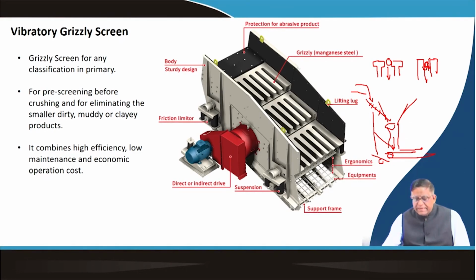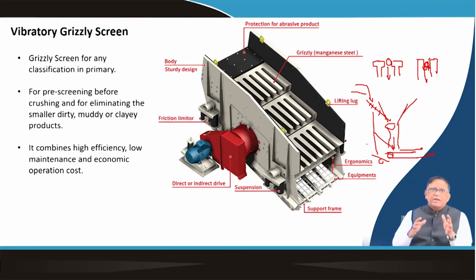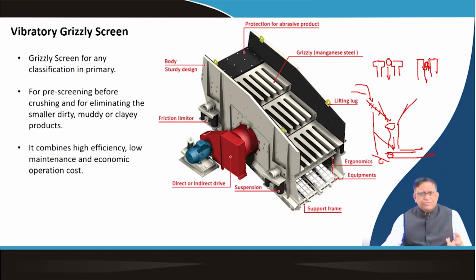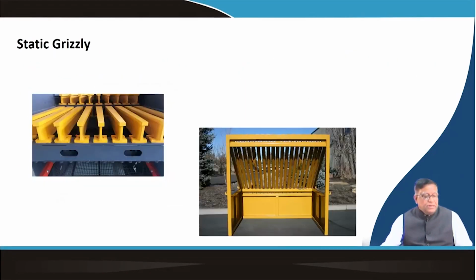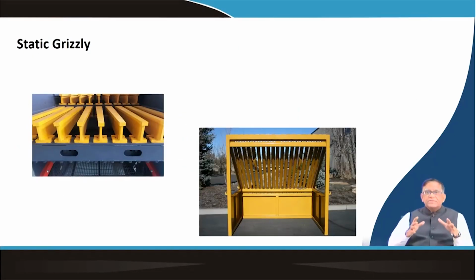So, this type of grizzly which is here is static, that means the material is coming and falling on it. That is why there is also the vibratory grizzly in the processing plant. In the receiving section you may also have what is called your static grizzly, which you will keep over here.